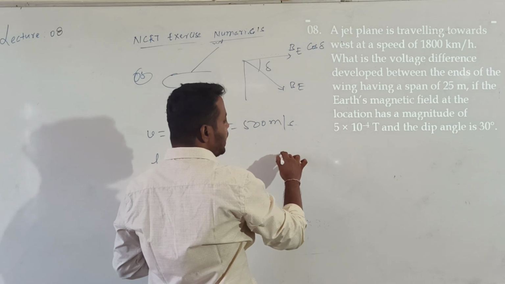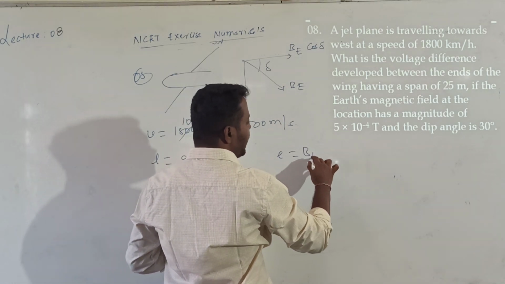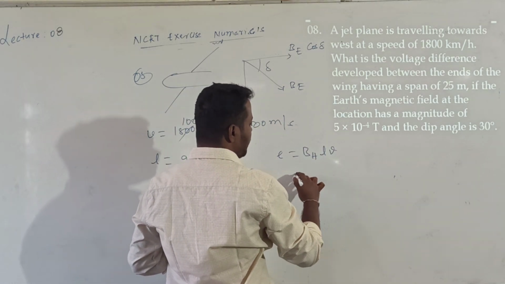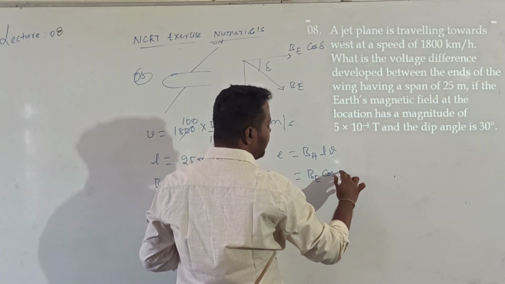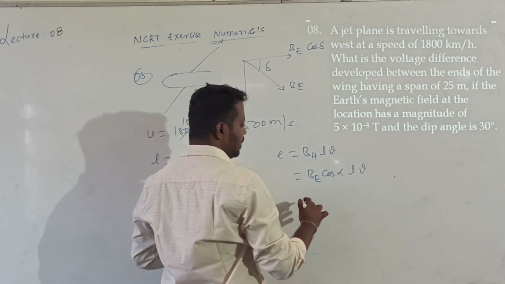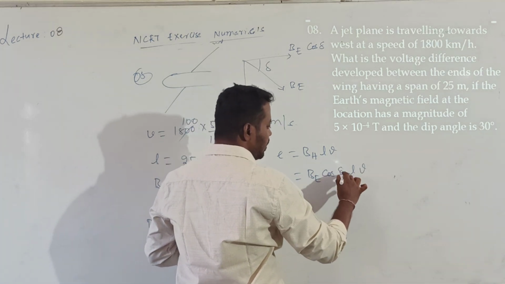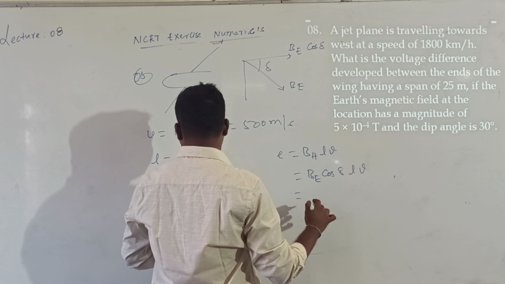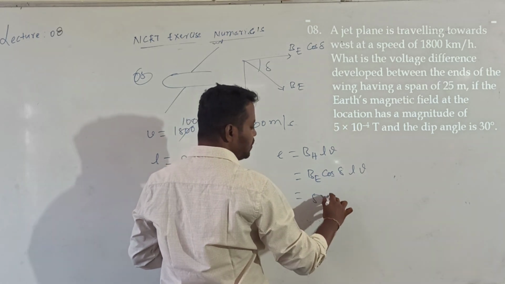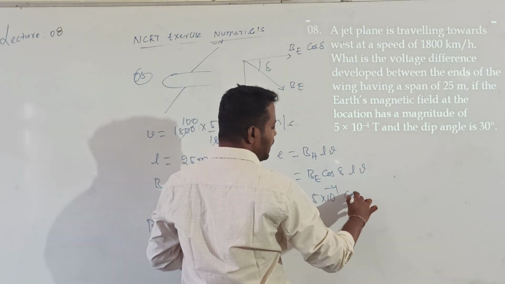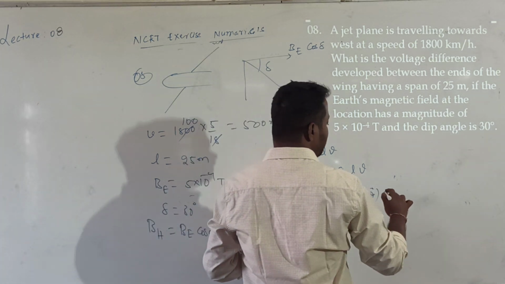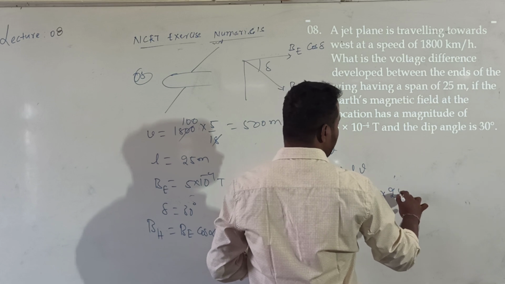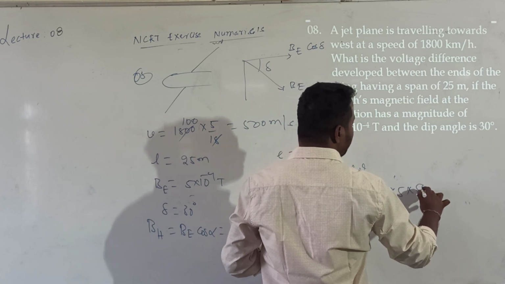Now what is the induced EMF? E is BH into L into V, and BH is BE into cos delta, so BE into cos delta into L into V. BE is 5 into 10 power minus 4, cos delta with delta 30 degrees, length 25, and velocity 500.